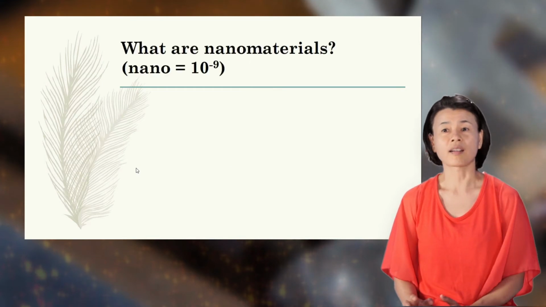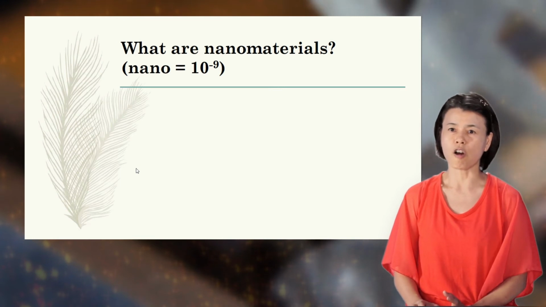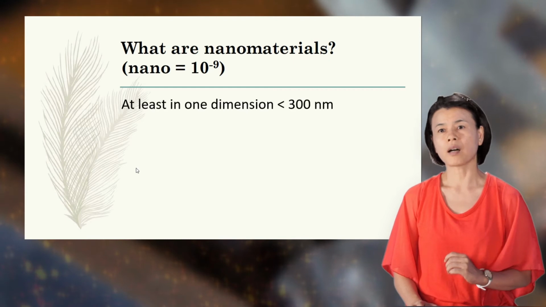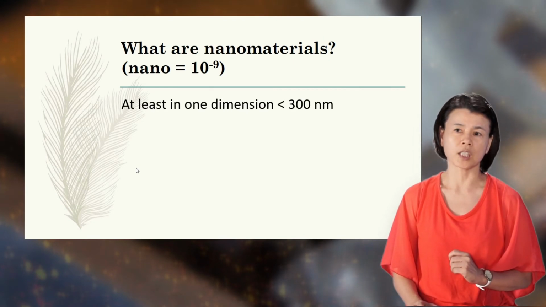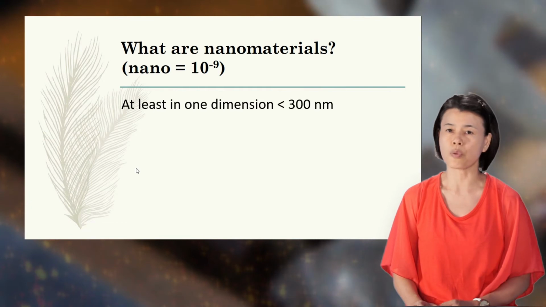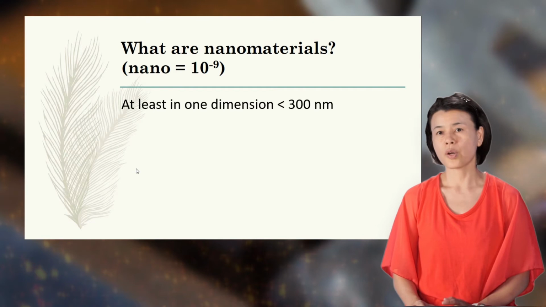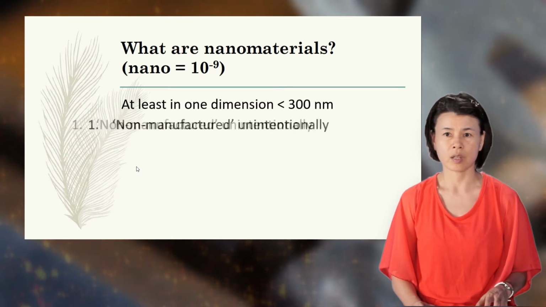Alright, what are nanomaterials? Nano means 10 to the power of -9. So, when we talk about nanomaterials, at least one dimension of the material should be less than 300 nanometers, at the nanoscale. Theoretically, there are two types of nanomaterials.